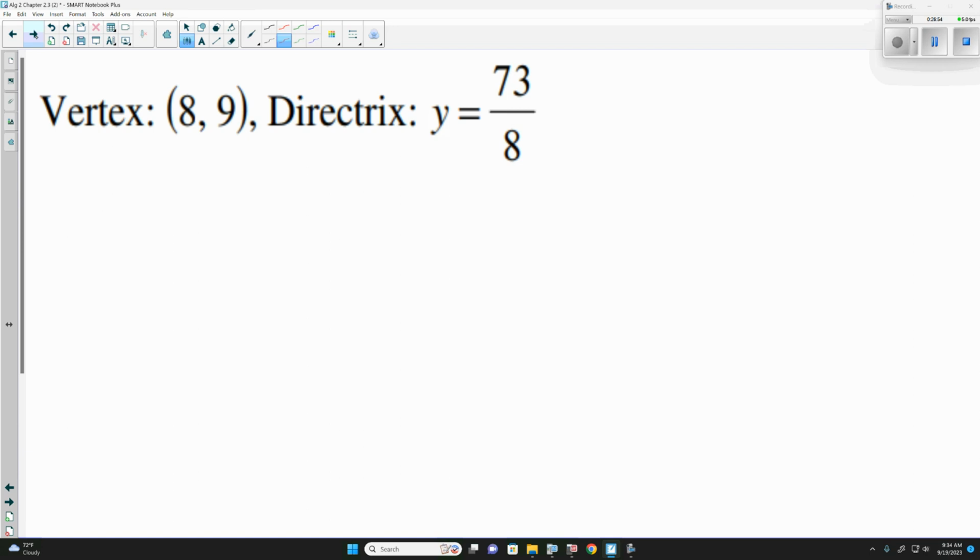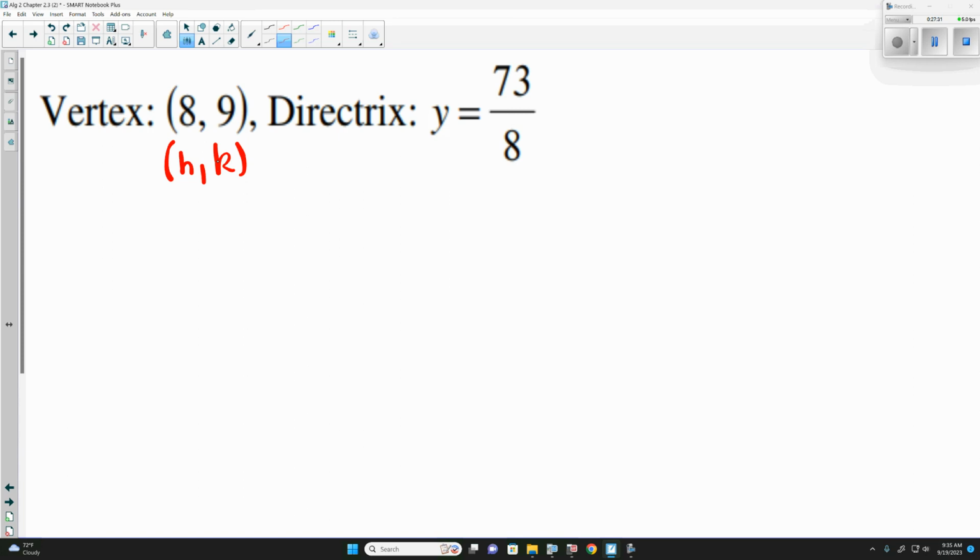Now let's look at the next one here. Now the next one they gave us, they told us the vertex and the directrix. Well, this one has the whole thing. And the nice thing with the vertex, it's always h comma k. It's going to be up and down because the directrix comes in only one of 2 forms, either y equals k minus p or x equals h minus p.